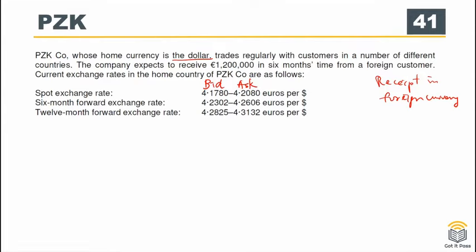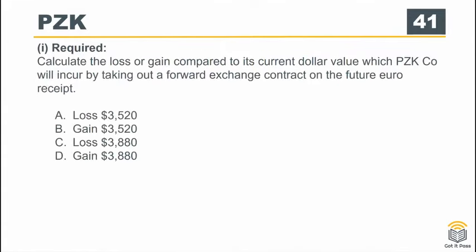Next, for the spot rate, you know it, 6-month forward rate and 12-month forward rate. And what's the requirement? First requirement is to calculate the loss or gain compared to its current dollar value, which PZK company will incur by taking out a forward exchange contract on future euro receipt.